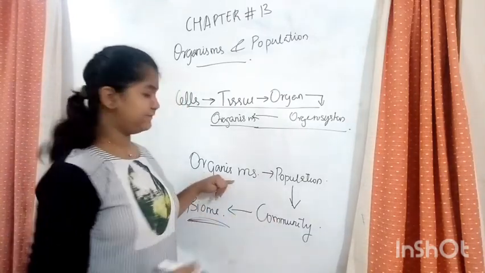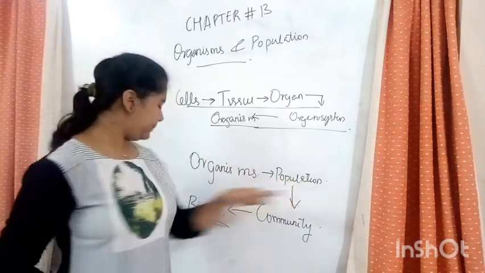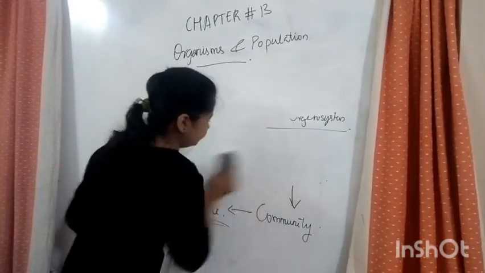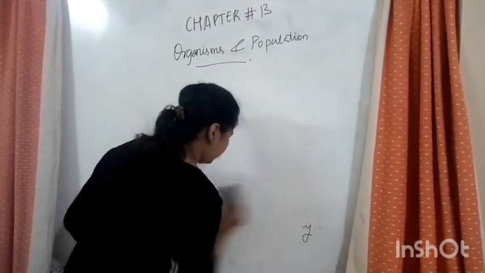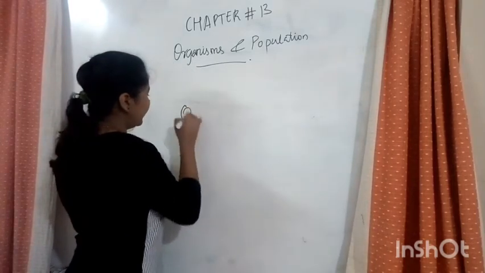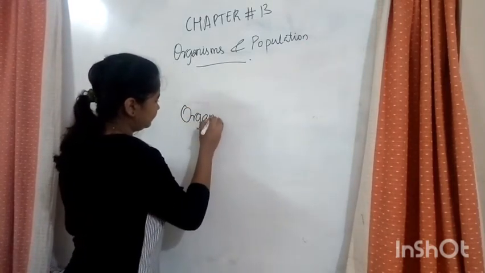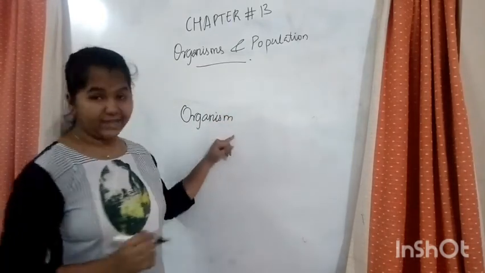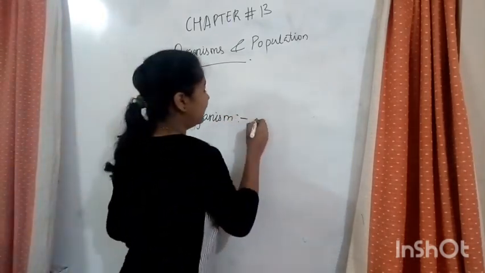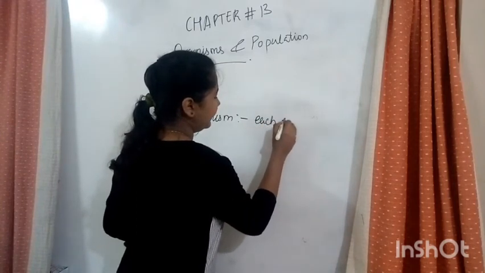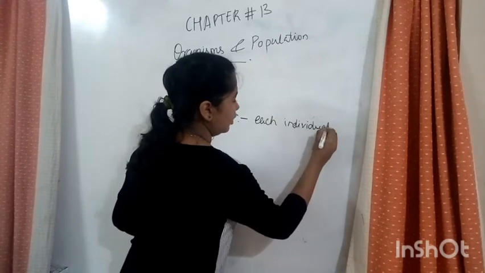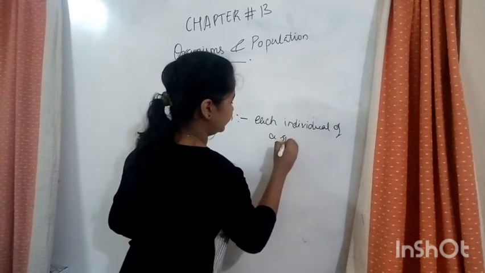So let's see the definitions for organisms, population, community and biome. Organism. What is organism? Organism is each individual of a species.